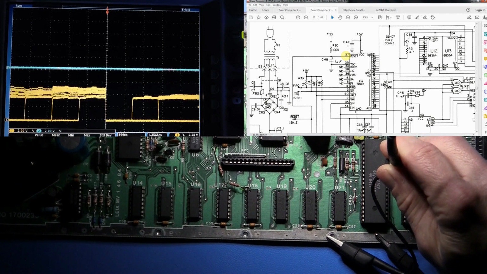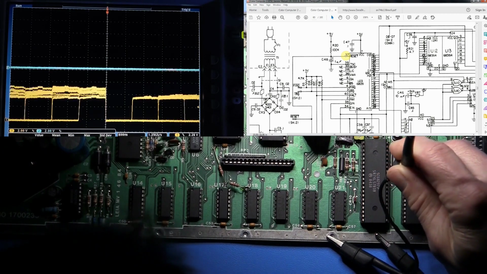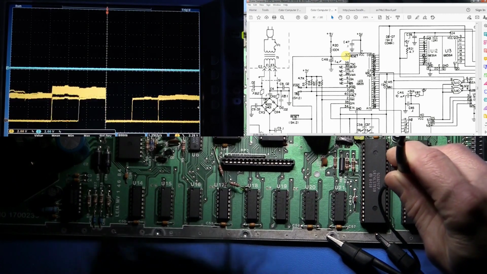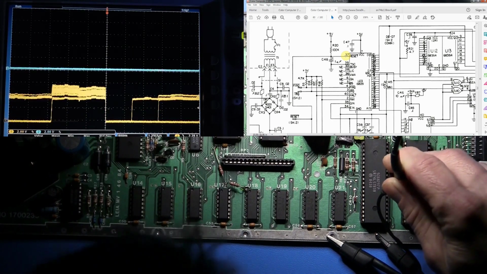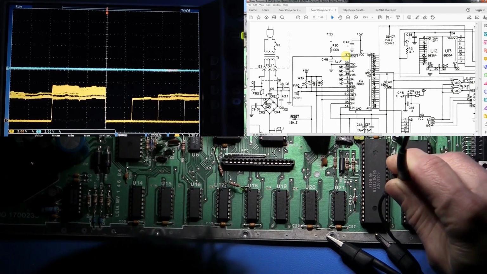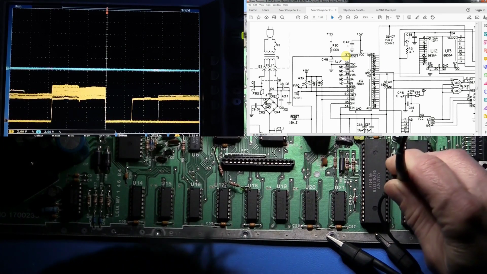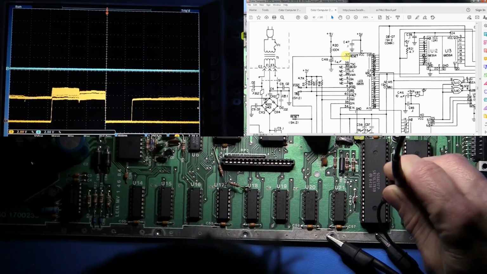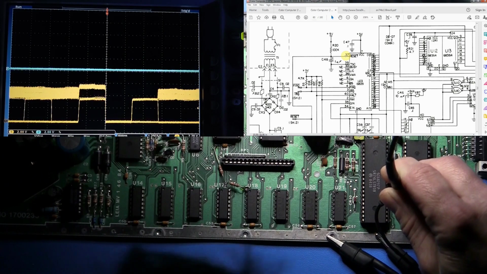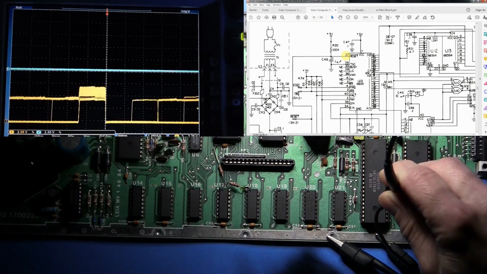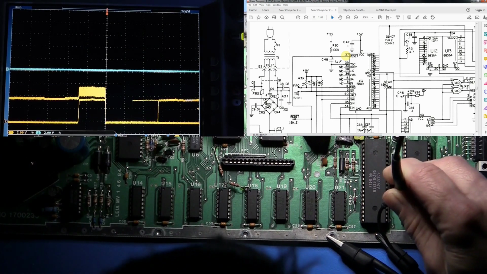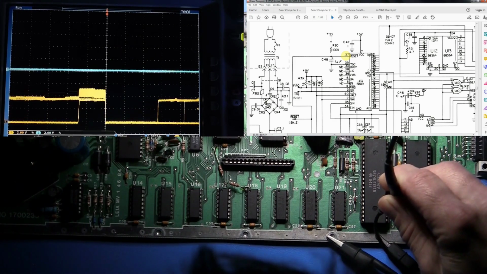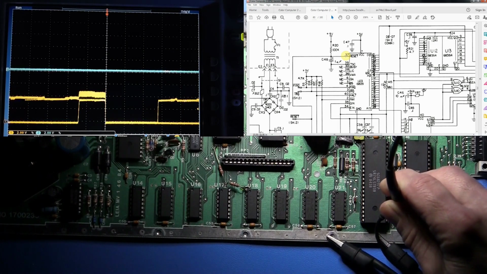A1, it's pin 10, then 11, 12, 13, 14, 15, 16, 17, 18, 19, and 20.